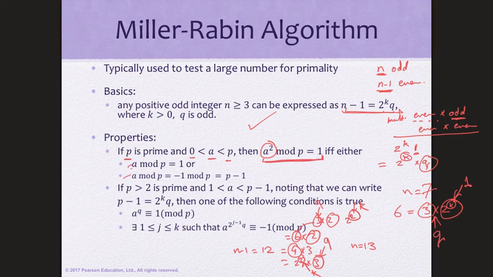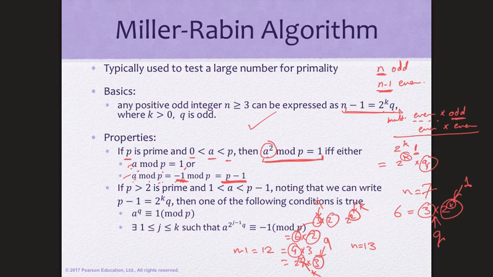Either the a itself mod p, rather than the a square, is equal to 1, or the a mod p is equal to minus 1. And remember that when we do those modulo arithmetics, we try to avoid the negative. So this means that the a mod p is actually p minus 1, right? That's the same as saying minus 1. Because the remainder is minus 1, which means that this number is actually 1 less than the p. So it's p minus 1, okay?